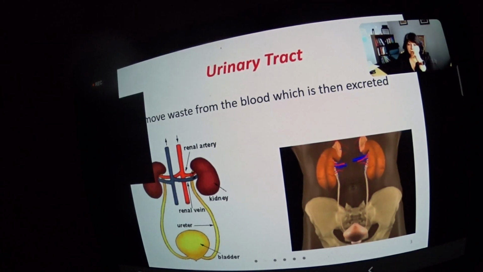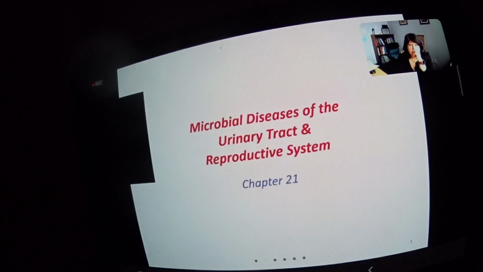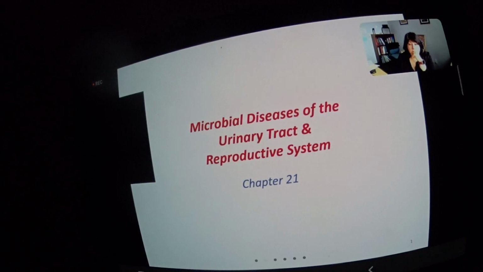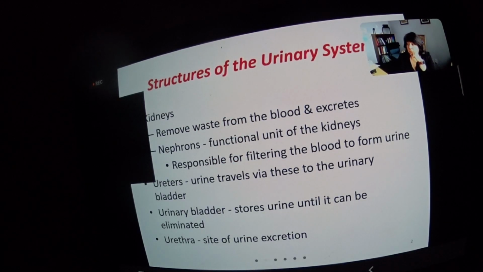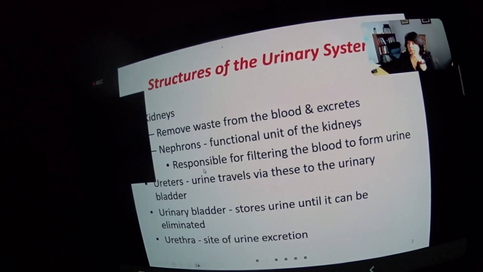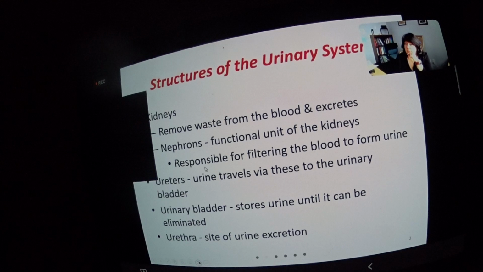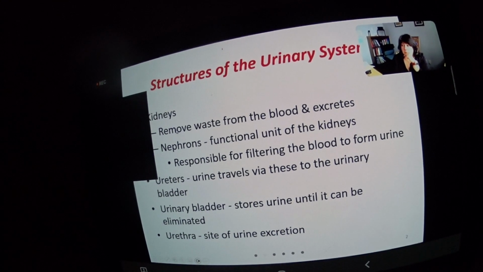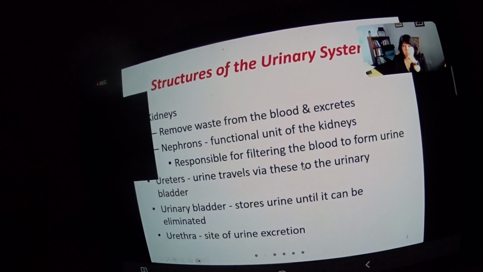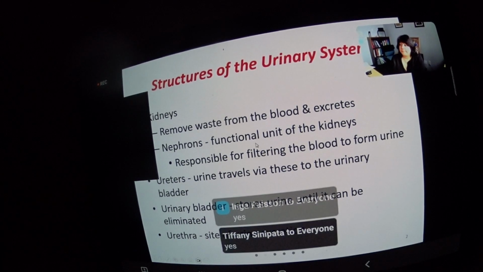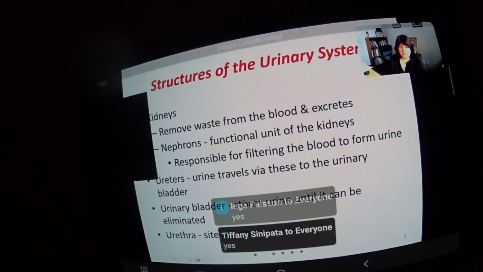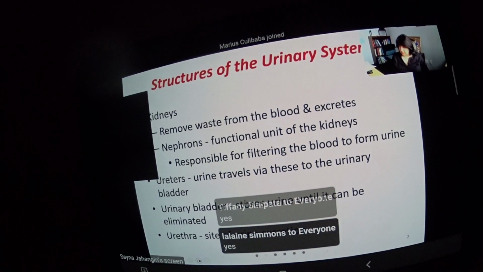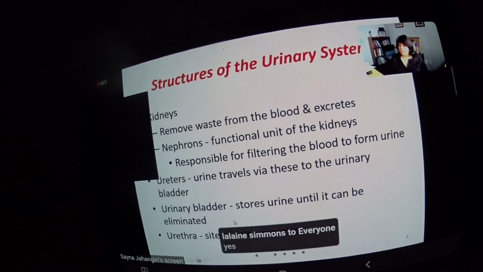Okay. It's not working. All right, do you see it that way? How about now? Okay. All right. So I'll just use this. Yeah, it works.